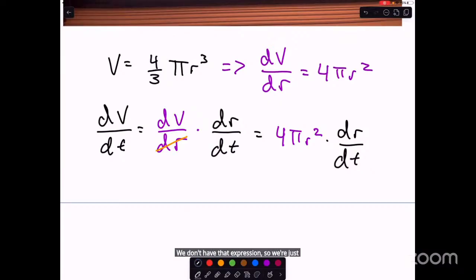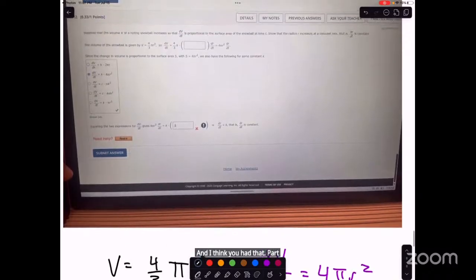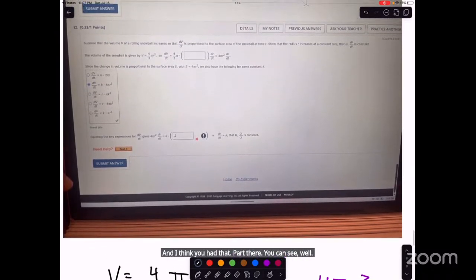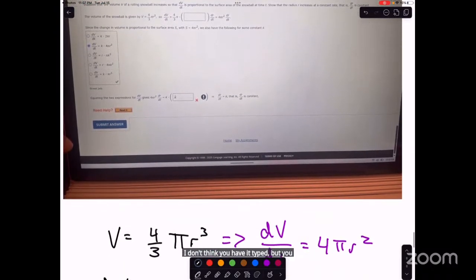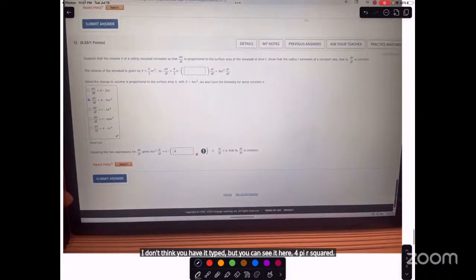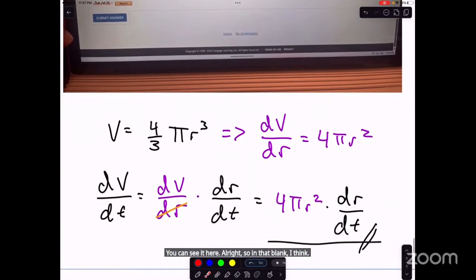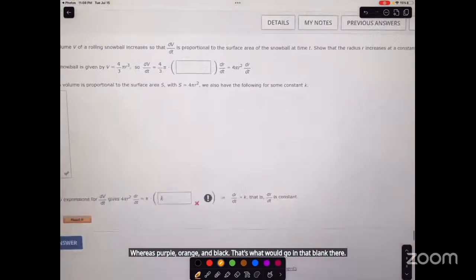I think you had that part there. You can see it here, 4 pi r squared. So in that blank would go this purple, orange, and black.